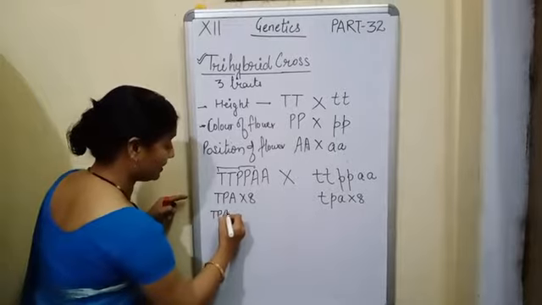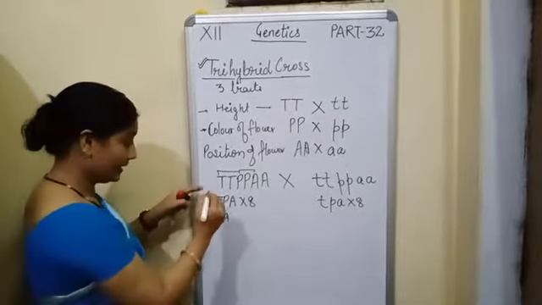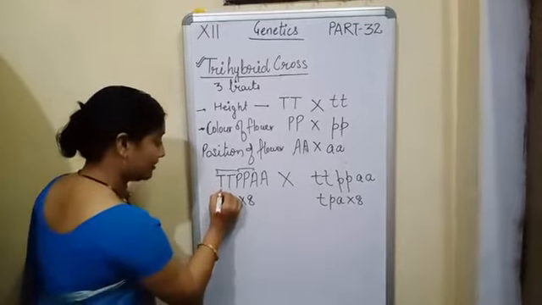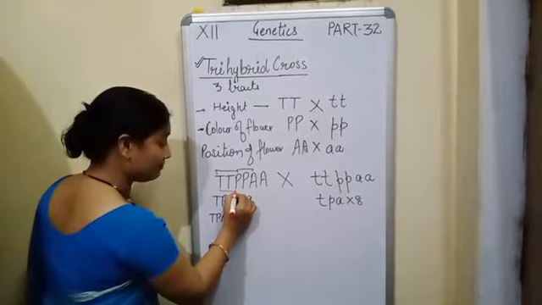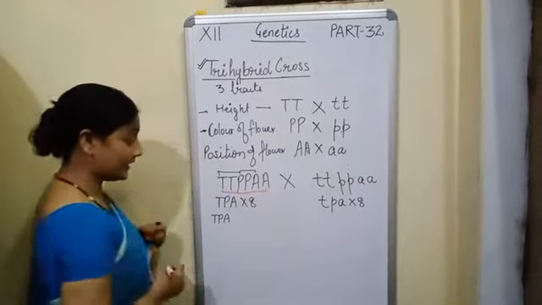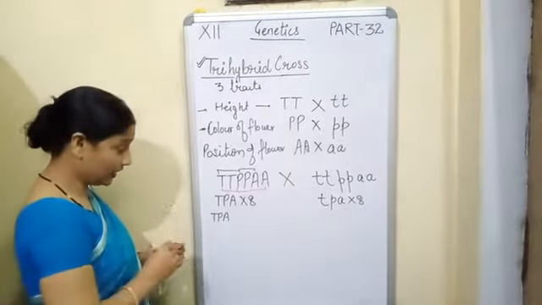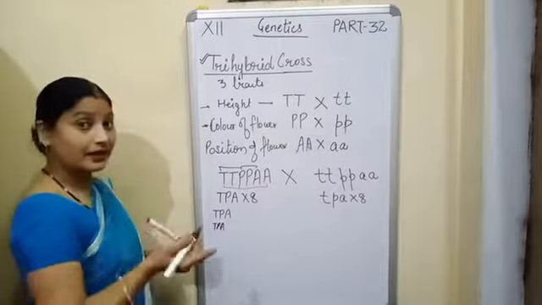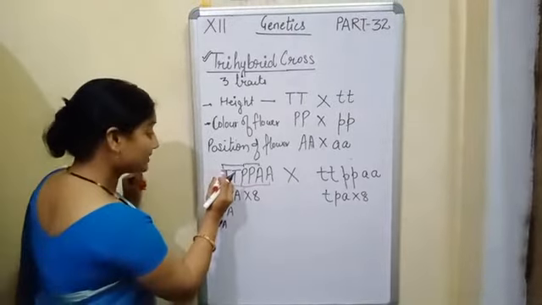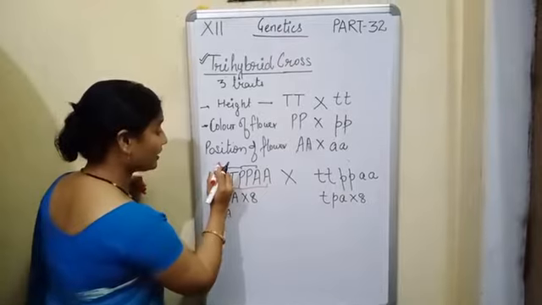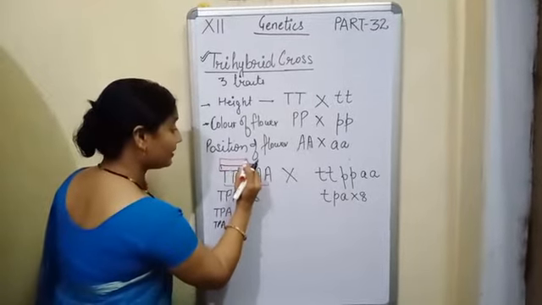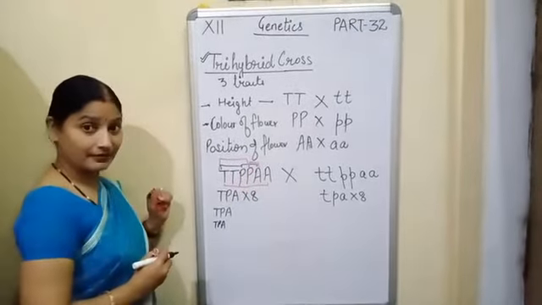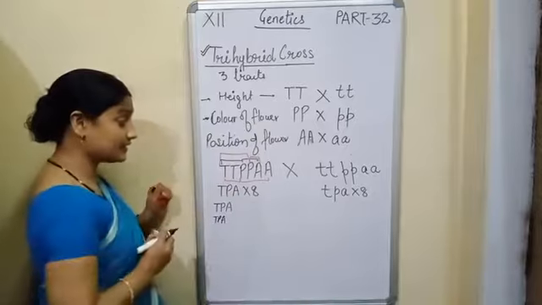T, P, A. Again, the same T with the same P and the next A. Once again we will get TPA. Third time, same T, I am drawing it like this, with this P and this A. Again we will get TPA.